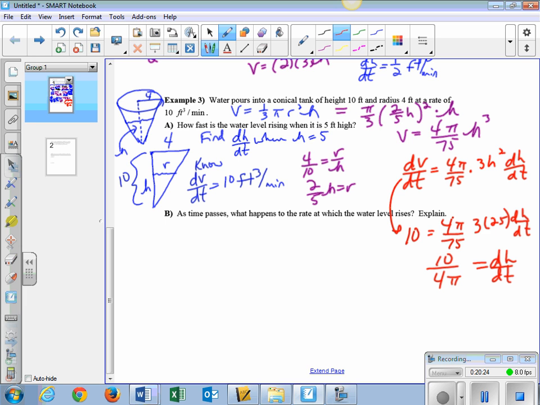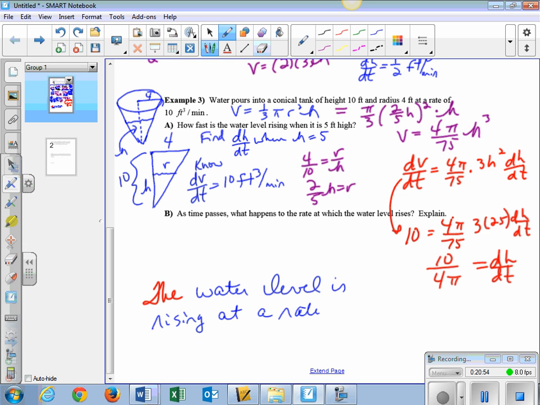So from here, let's write this out. It wanted to know how fast the water level is rising when it's 5 feet high. I would say the water level is rising, or increasing, at a rate of 5 over 2 pi.